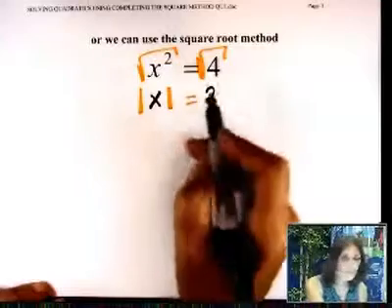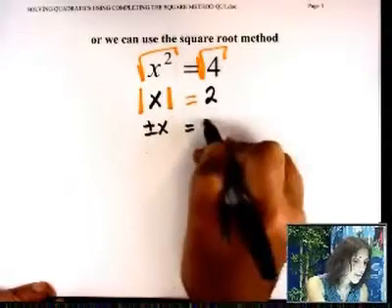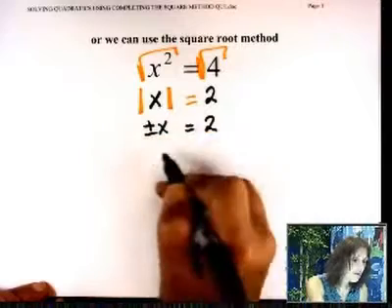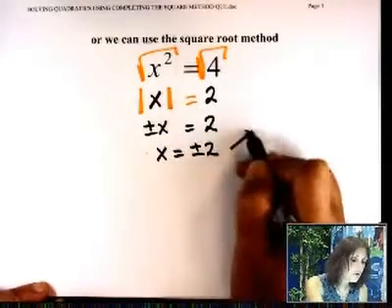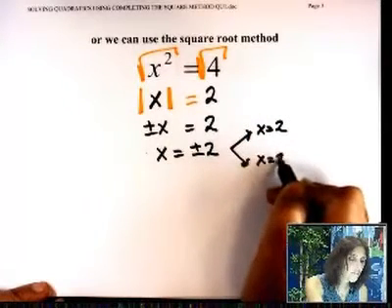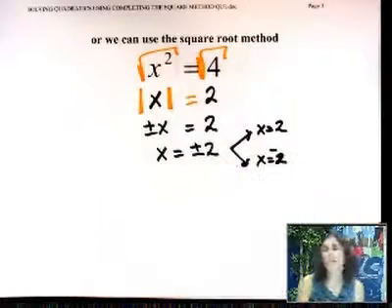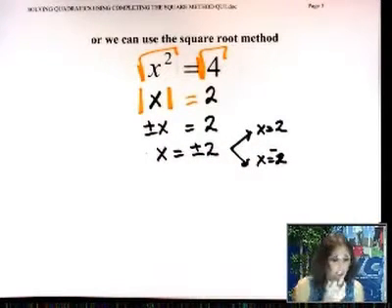When you remove the absolute value, you are going to get plus minus x. And then you move the plus minus to the other side, which means x equals 2, x equals negative 2. And if you look at the previous page, it is the same answer.